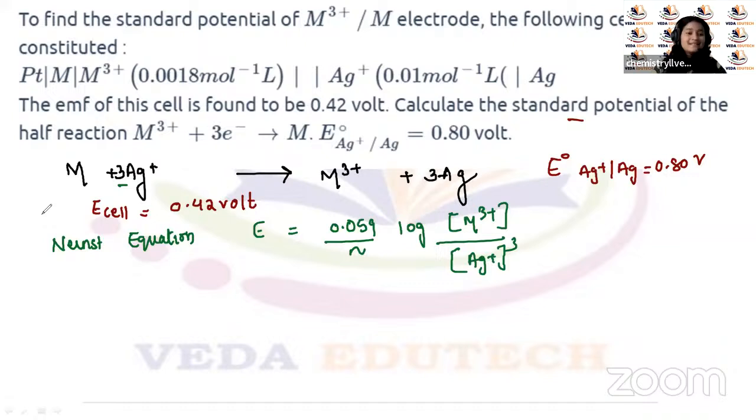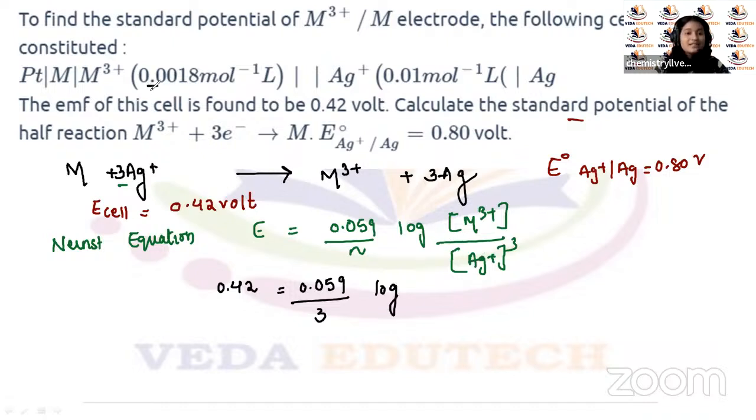What is E cell here? 0.42 equals 0.059 by n. n is the number of electrons involved, and as we made the number of electrons equal, that is 3 electrons.